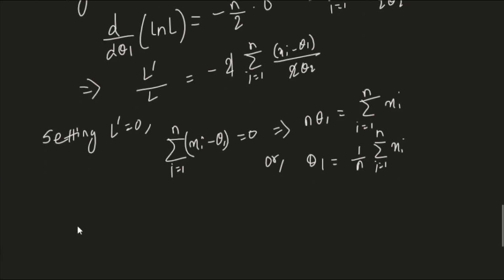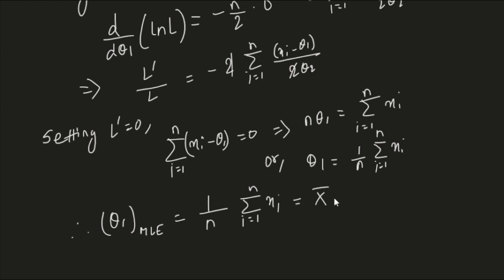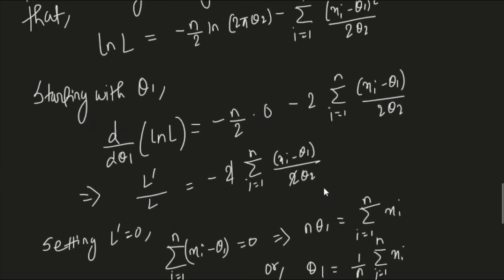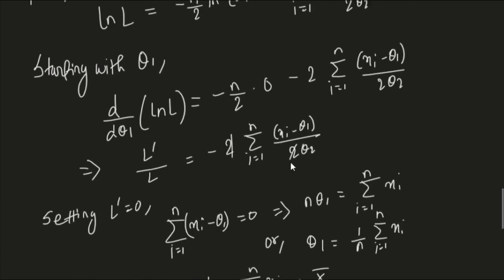Therefore the MLE has been found, and it is 1 by n summation of xi, which is just the sample mean. Now let us do the same method for part 2.